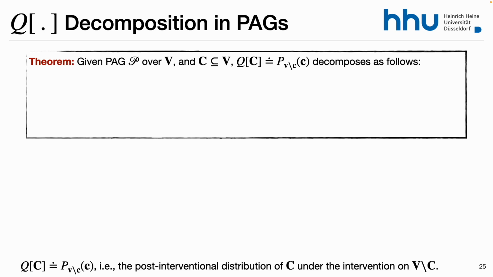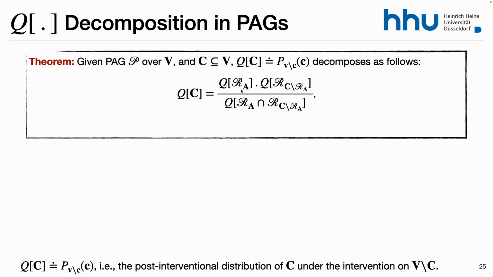So we can decompose the QC using the following theorem. In a PEG over V, let's suppose that I have a set C, which is a subset of V. The QC, which is just the probability of C given all the other variables that are not in C, decomposes as this fraction.